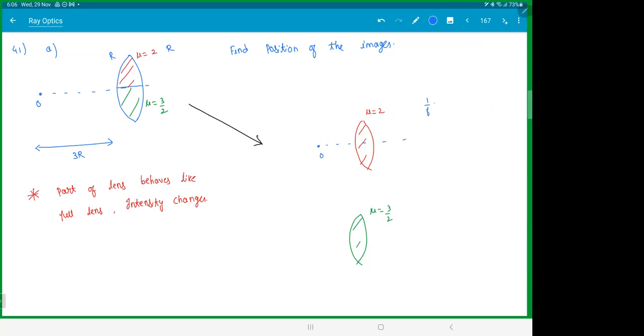Focal length will be (2 minus 1) by R, so that is 1 by f equal to 1 by R... So 1 by v minus 1 by minus 3R is equal to 2 by R. How much is this? 2 by R minus 1 by 3R, that is (6 minus 1) by 3R, 5 by 3R. So we get v equal to 3R by 5. So you get one image at 3R by 5.